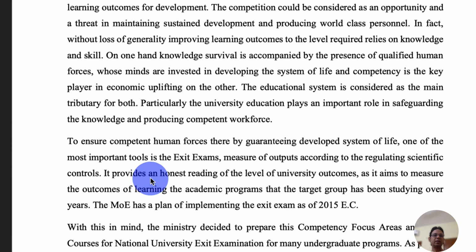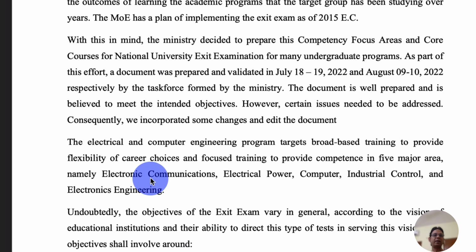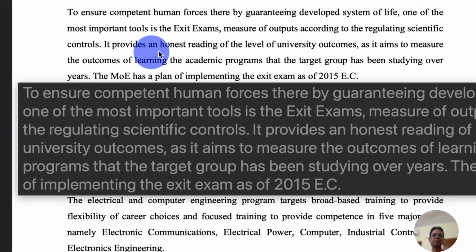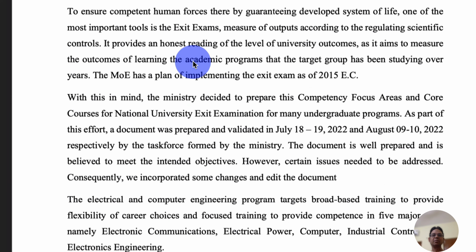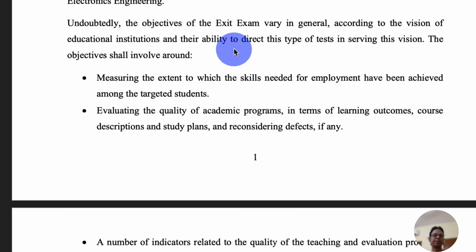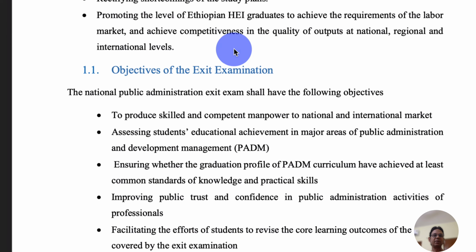This is the normal guideline given by the Ministry of Education to implement the exit exam plan, how to implement, how to measure according to the questions and question banks. All criteria is given in this document.